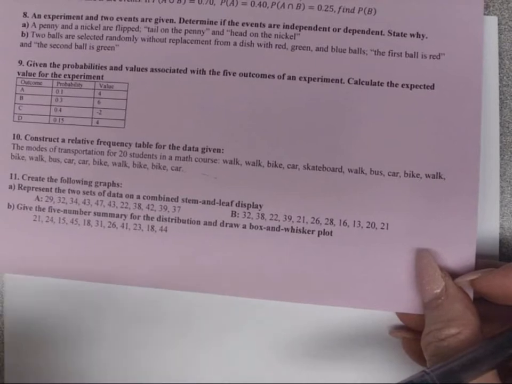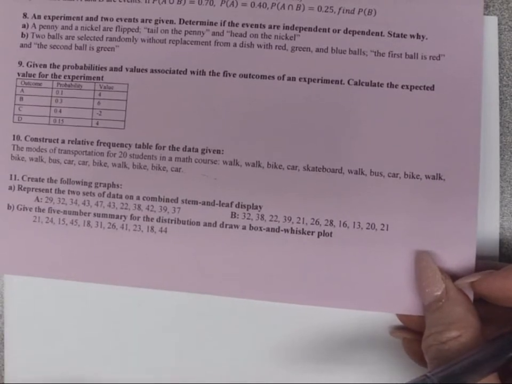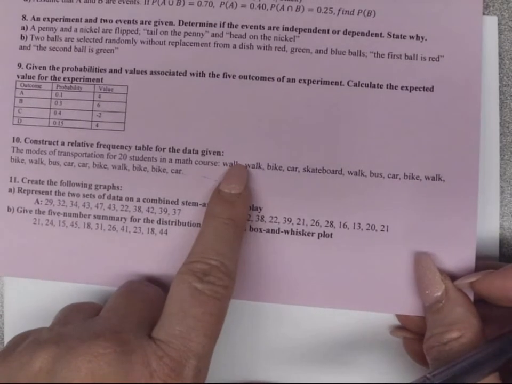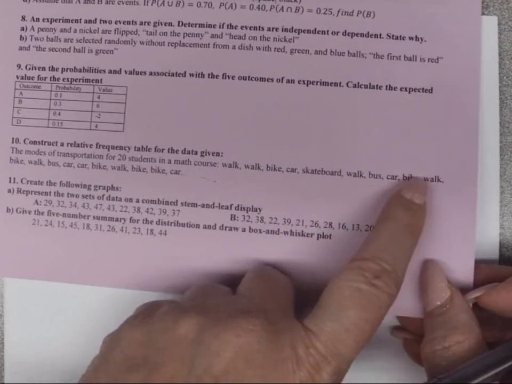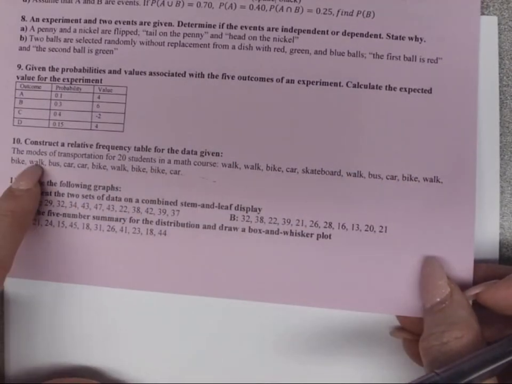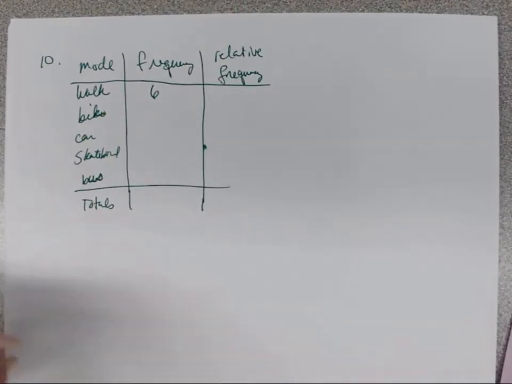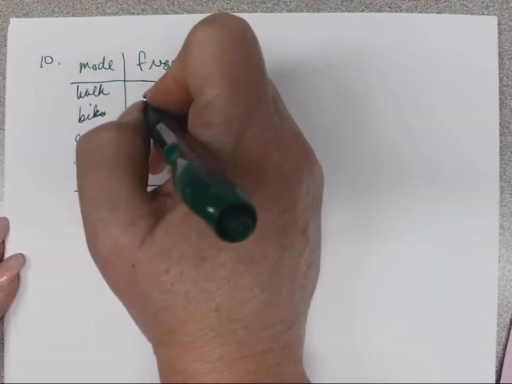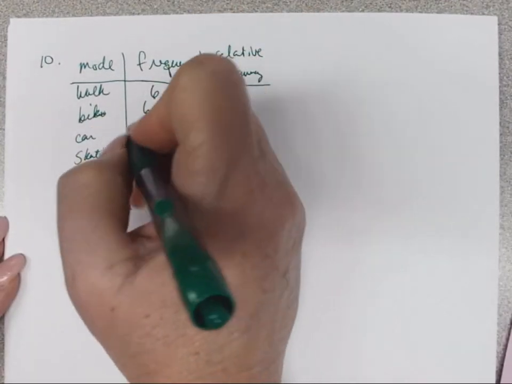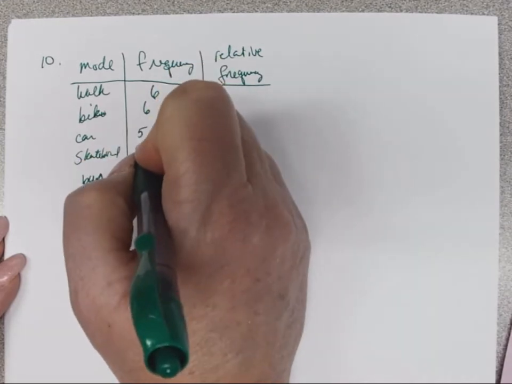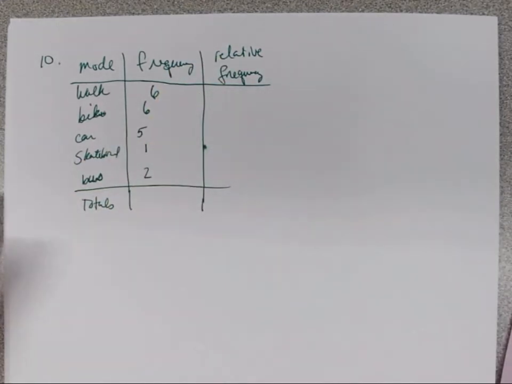So what you're going to do is count how many walks there are. So we've got 1, 2, 3, 4, 5, 6 walk. If we count the bikes should also be 6. The car is 5. There's only 1 skateboard and 2 bus.